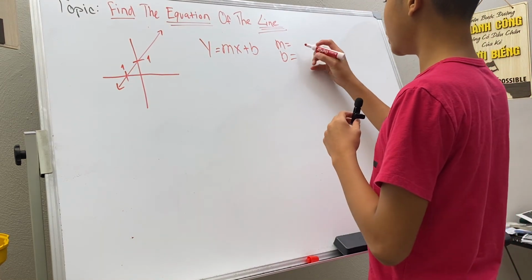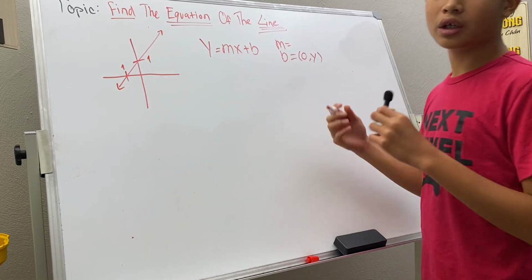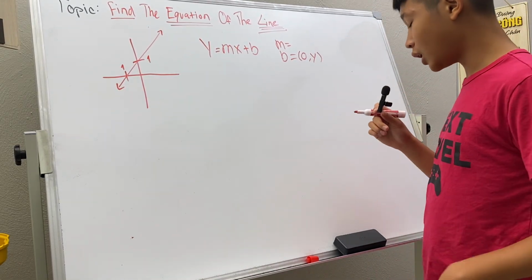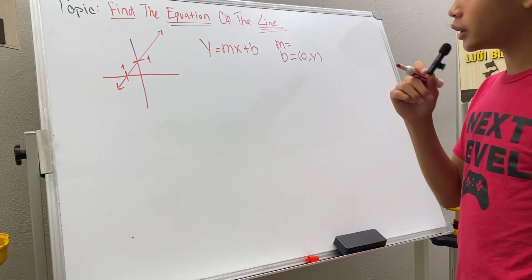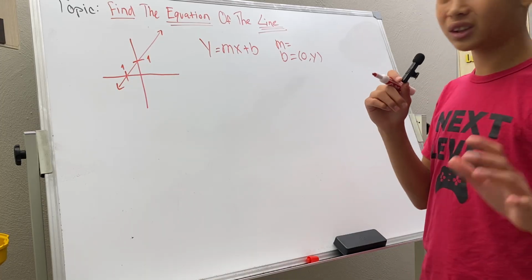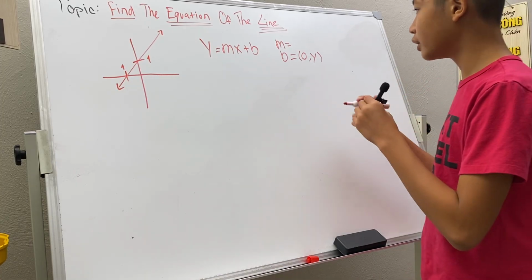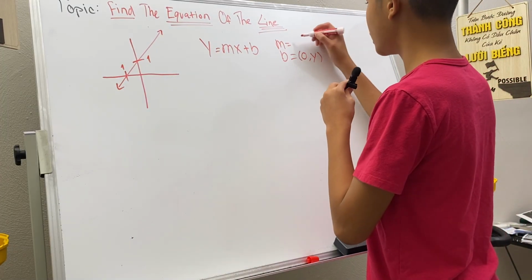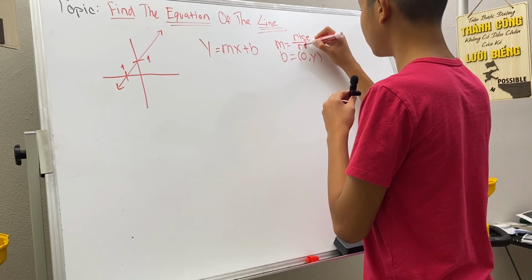Well, b is basically where the y-intercept is. The y-intercept is where the graph touches the y-axis. And the slope is rise over run.